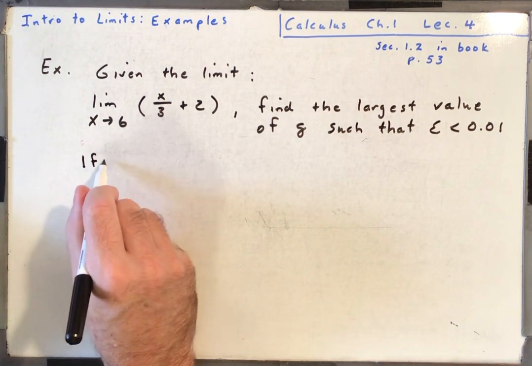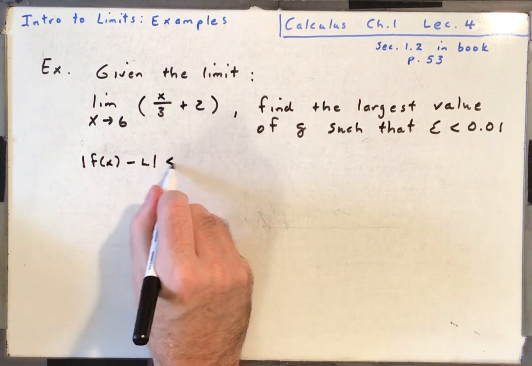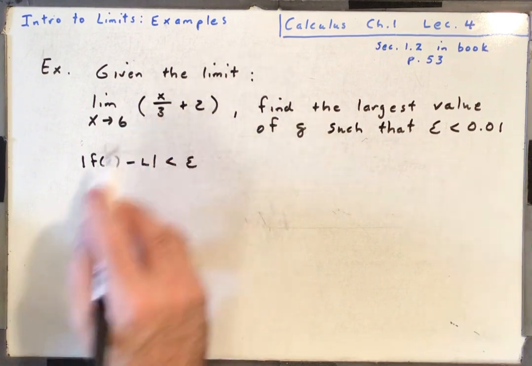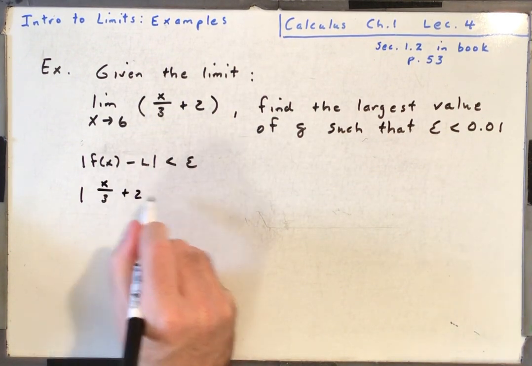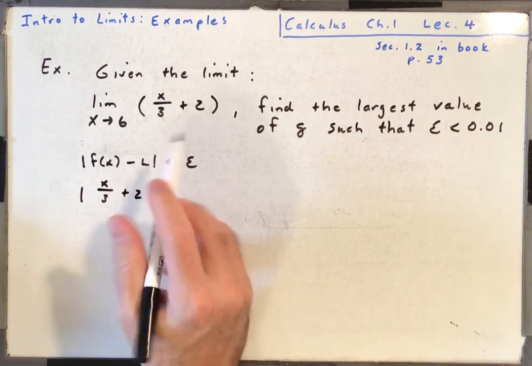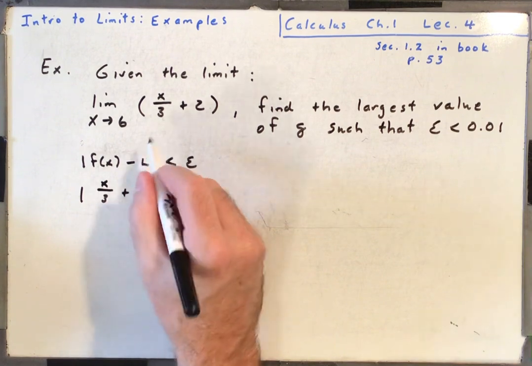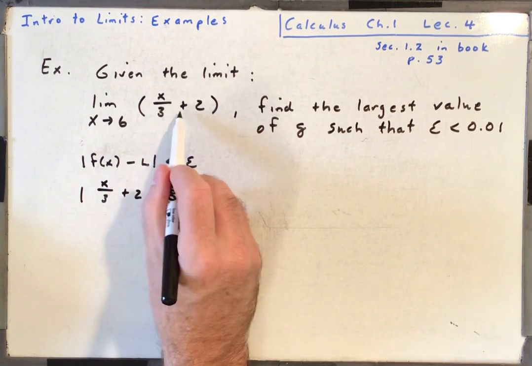We start with this equation: the absolute value of f of x minus L is less than epsilon. What's f of x? It's this right here, x over 3 plus 2. Now what's the limit? We're going to plug 6 in. So minus the limit, plug in 6 to get L. 6 over 3 is 2, plus 2.